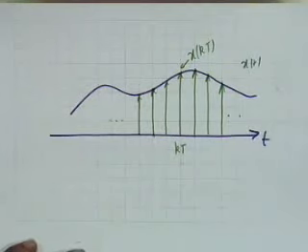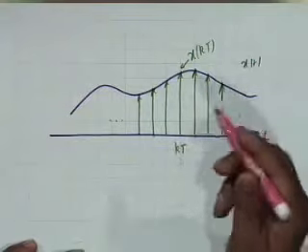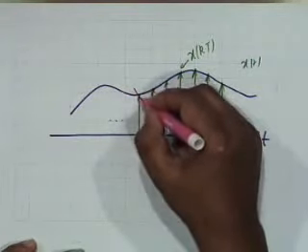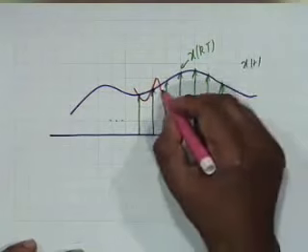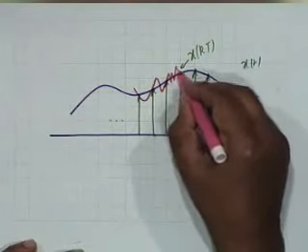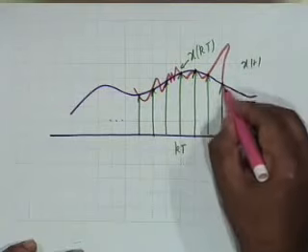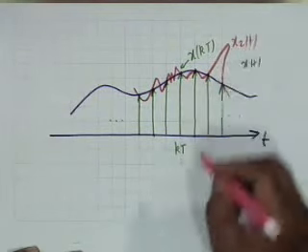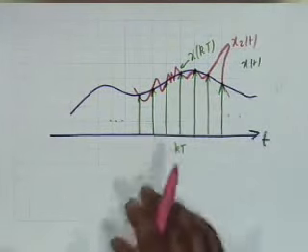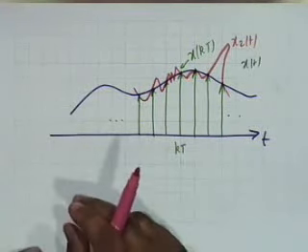I can have another signal having the same impulses, but it can be quite different. For example, consider this. This red signal, let's call it x2 of t, if sampled by the same impulse train, shall give you the same sampled signal.